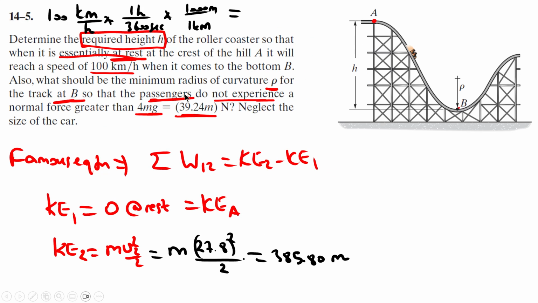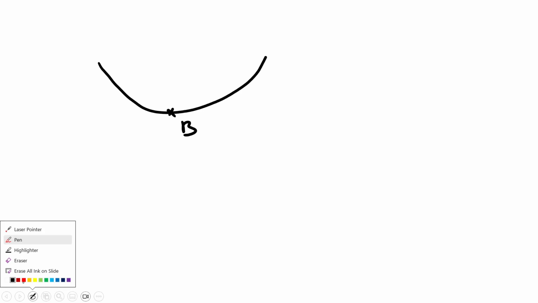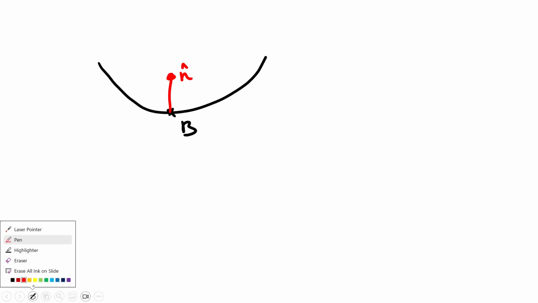The second part says, what is the radius of curvature at point B so that the passengers do not experience a normal force greater than 4 mg. Let's do that. So this is our point B. At this point B, we have a normal direction, and then we have a force in that direction.